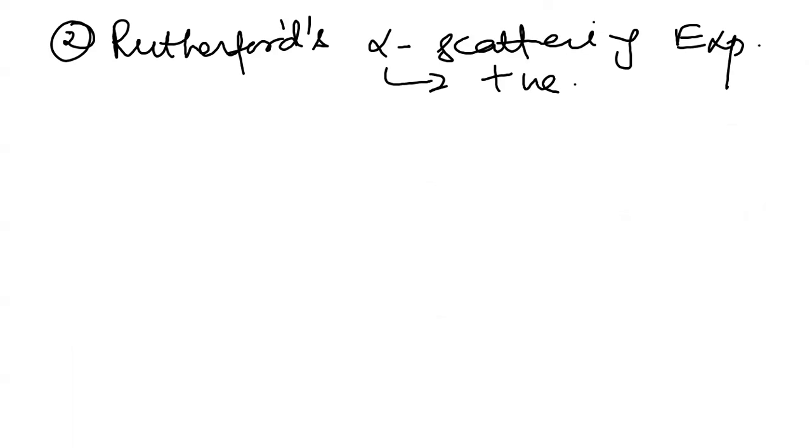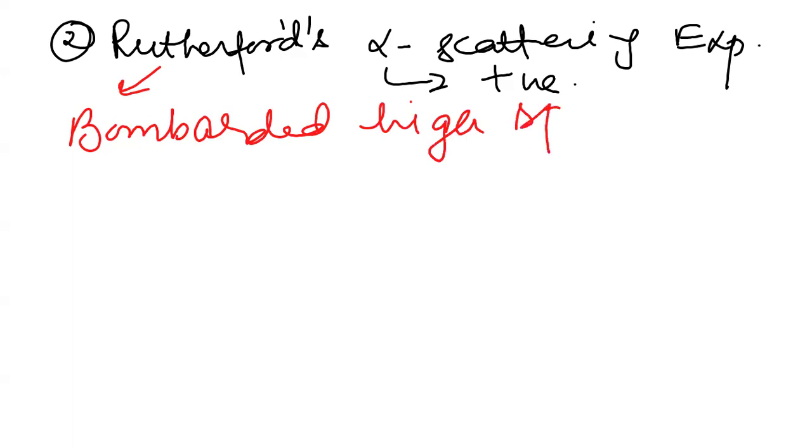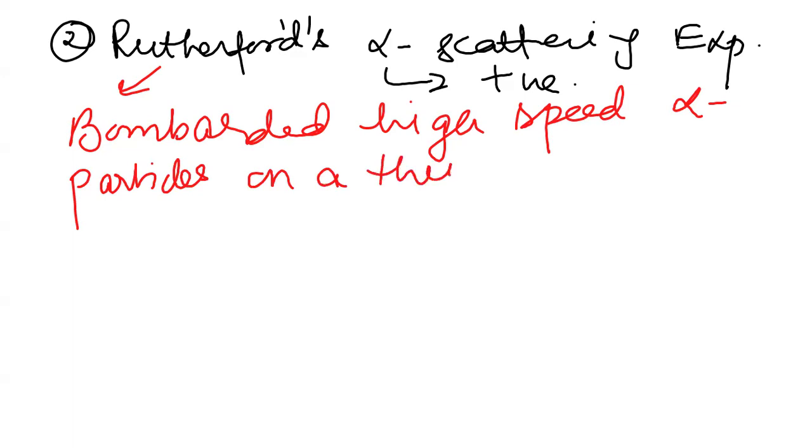So what Rutherford did, actually he bombarded high speed alpha particles on a thin gold foil, and it gave the following observations.